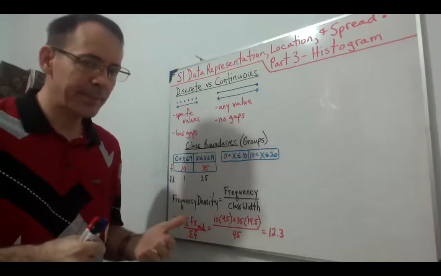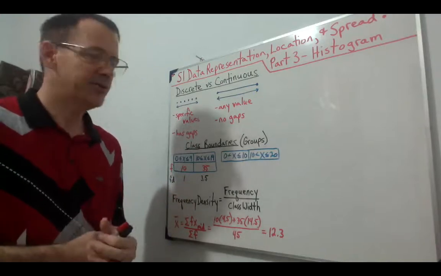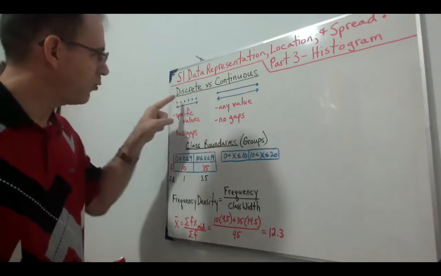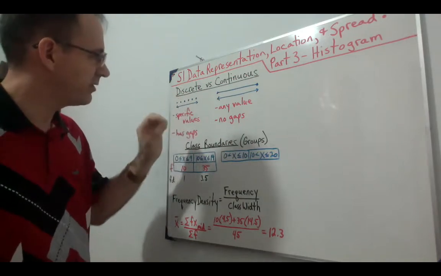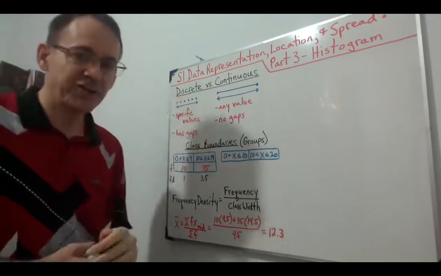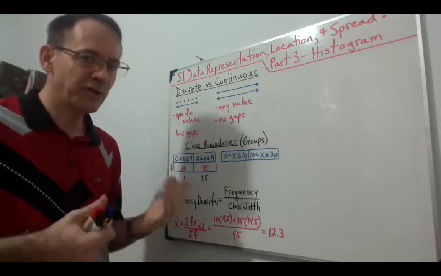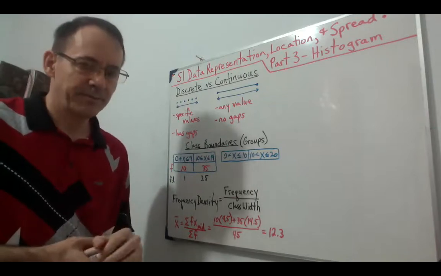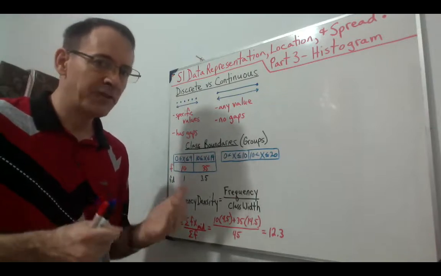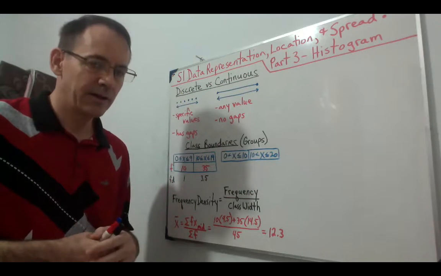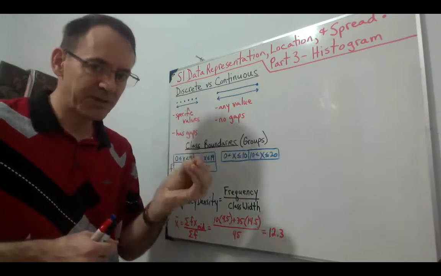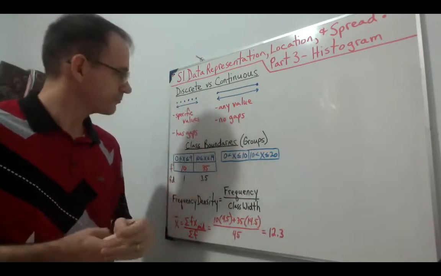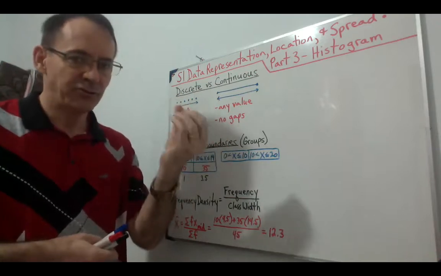When you're talking about discrete data, you're talking about data that can only take particular values within a certain range. So let's say you're talking about months of a year. If you're talking about months as in the whole month, you can have 1 month, 2 months.